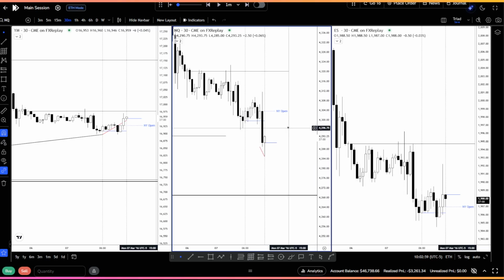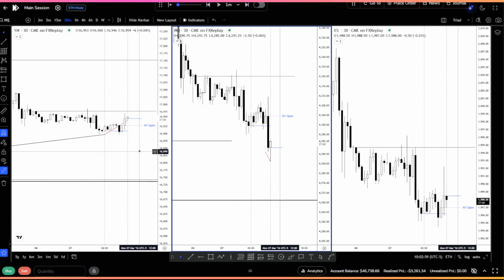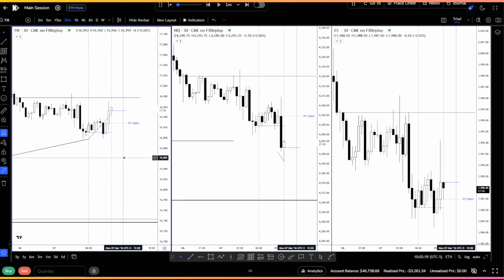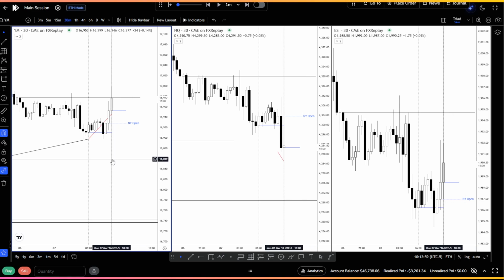I need this C2 closure on 30. Without that, I can't trade it, even if it expands a lot on any of the assets. So yeah, it looks good, honestly. On other assets, to be honest, not so good on NQ.